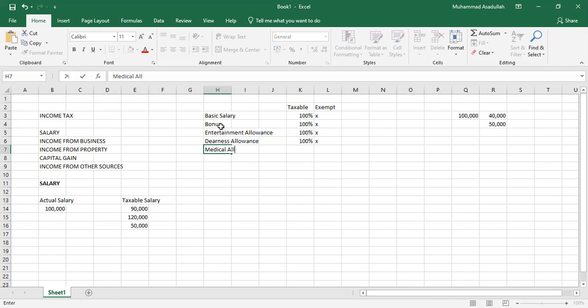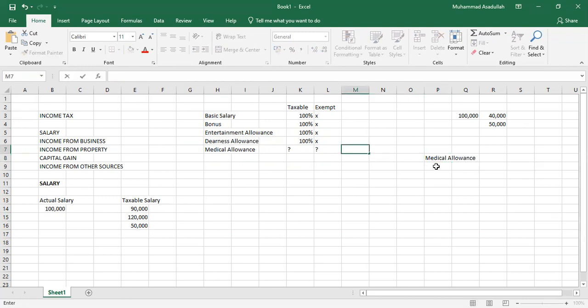The fifth one is the medical allowance. What will be the treatment of medical allowance? Here is a question mark because it depends upon the situation. I'm giving it a note 1. And here is the solution of medical allowance.